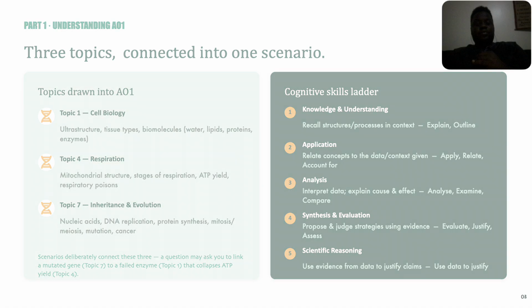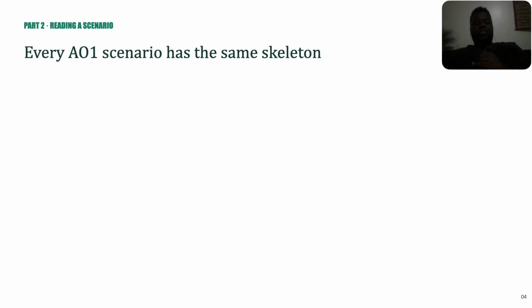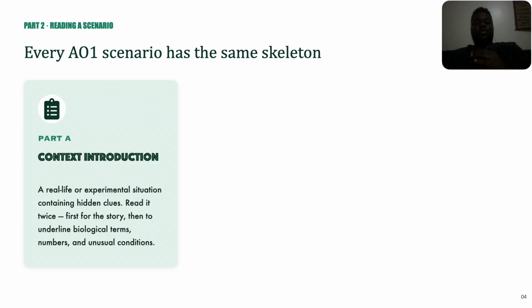Okay? Now, how do we read a scenario? Every scenario is going to have the same setup, the same skeleton. It's going to have what we call the context, the introduction, a real life or an experimental situation with clues that are hidden in it.